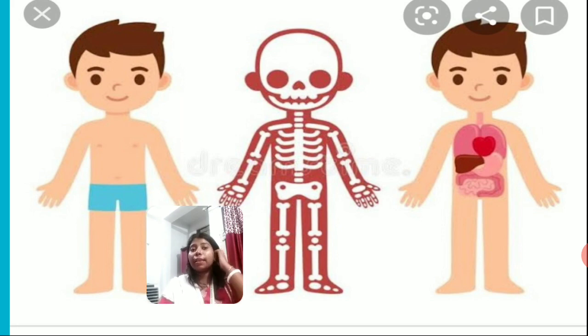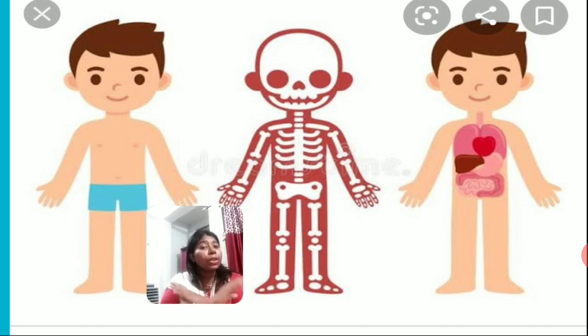Now children, think: if we did not have bones in our body, what would happen? These bones give us the shape and structure of the body.